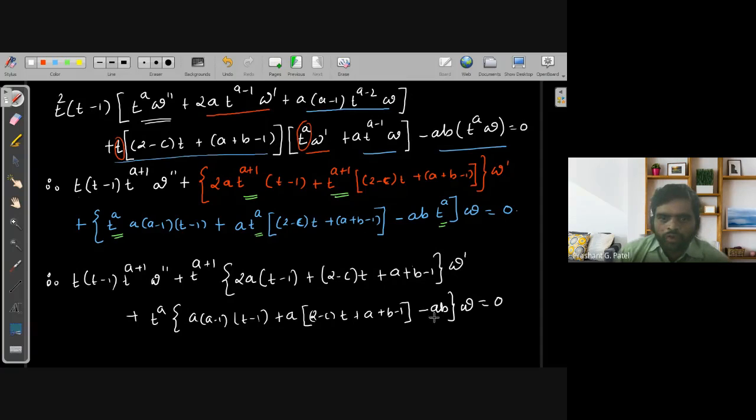See, you can also observe that this a is also common from these three terms. So that also I can take out. Okay, this a is also common. So that we can take out here. So this is a minus 1 into t minus 1 plus this minus b.